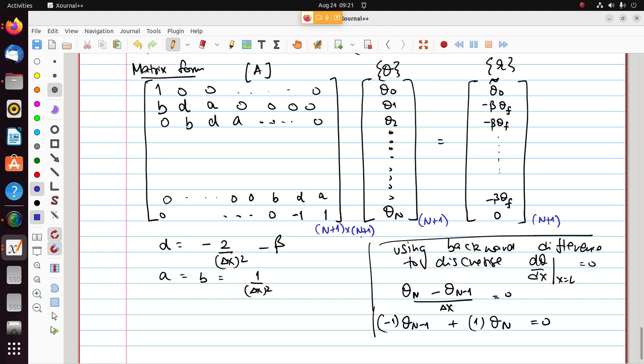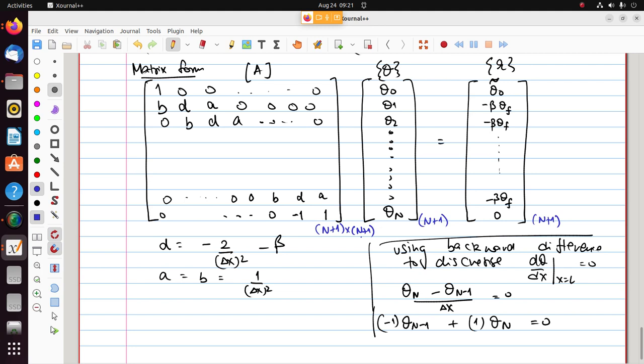I am sure if I give you the values of theta naught tilde, beta, theta f, and for calculating the diagonal you need the delta x value, and for calculating a and b you also need the delta x value, you should be able to plug in the numbers and just solve the system. There are different ways to solve it. The easiest way to think about it is to simply multiply by the inverse of A on both sides.